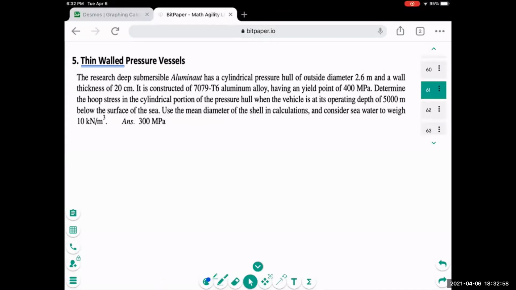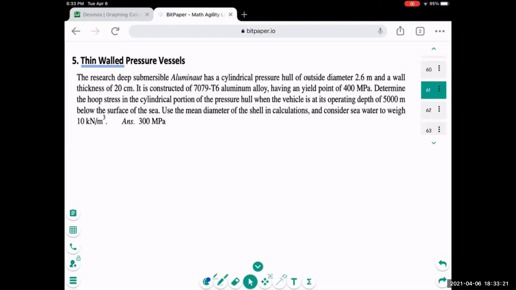So the research deep submersible Aluminaut has a cylindrical pressure hull of outside diameter 2.6 meters and a wall thickness of 20 centimeters. It is constructed of 7079-T6 aluminum alloy having a yield point of 400 megapascal.